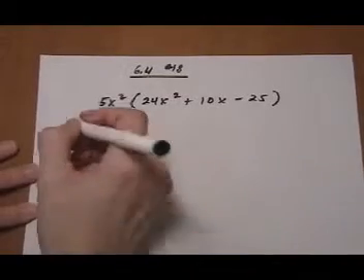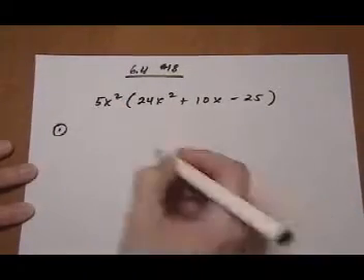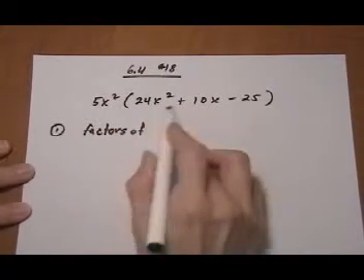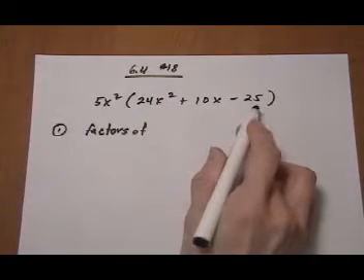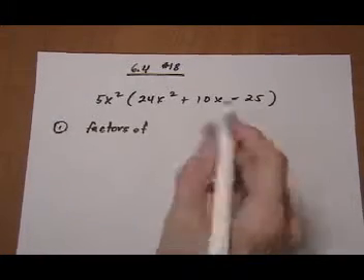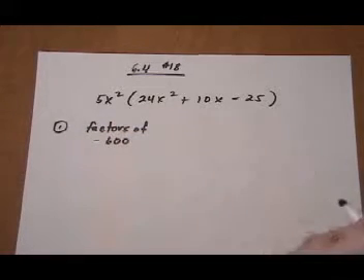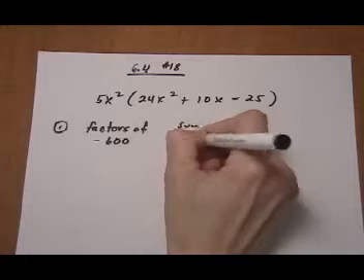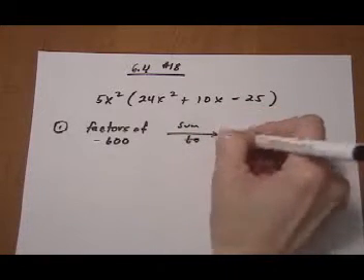So the first step is we want to find factors of the first times the last. So 24 times 25. I'll just punch that out and I get 24 times 25 is 600, so minus 600. So factors of minus 600 that sum to the middle term of plus 10.